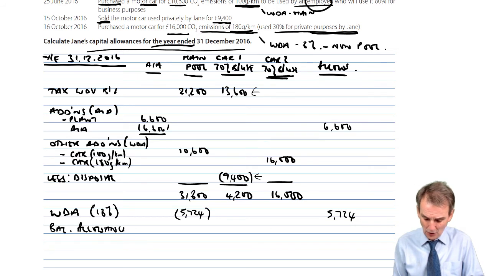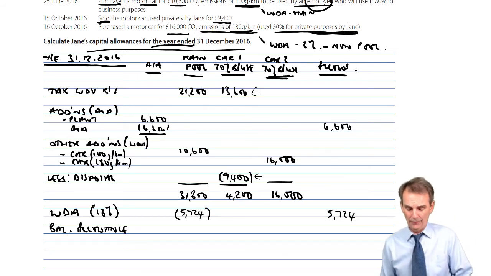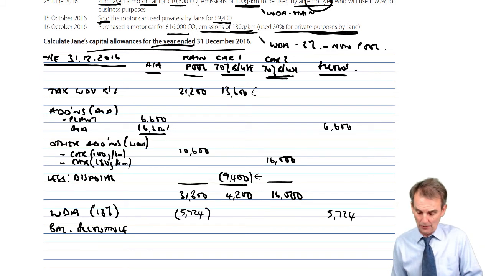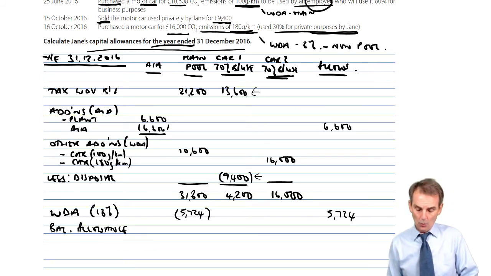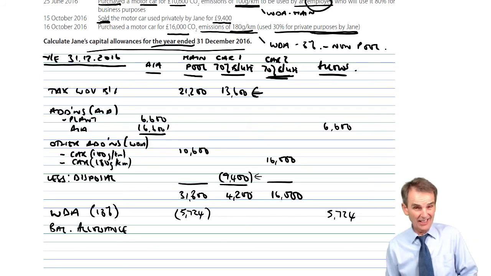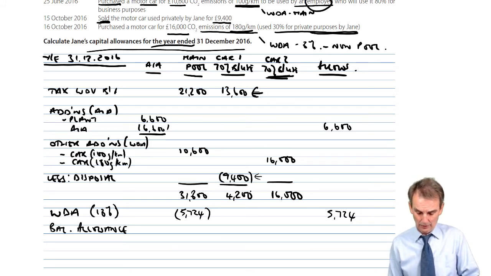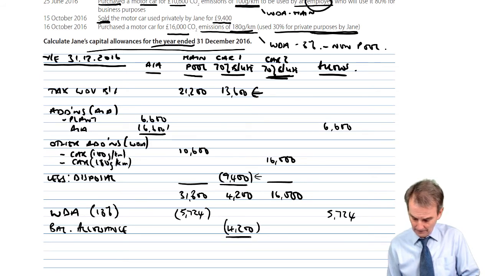It means that we've not yet had all of the allowances that are available to us in relation to this. We've written it down to 13,600, but we managed to sell it for only 9,400. So the 4,200 is here to be deducted to close off that particular part of the capital allowances computation.